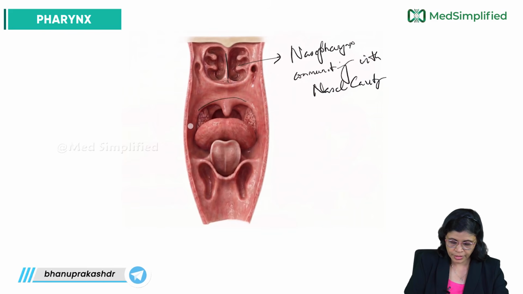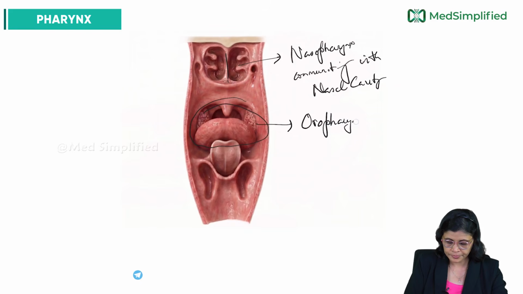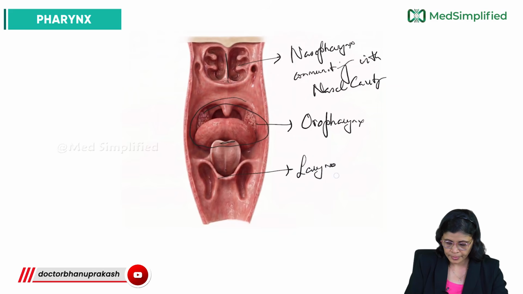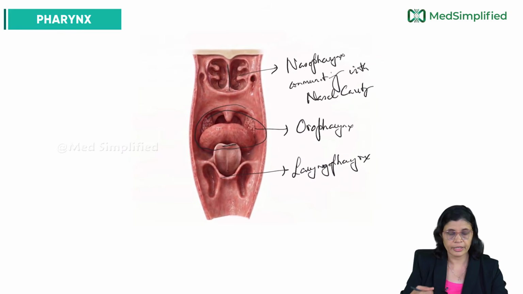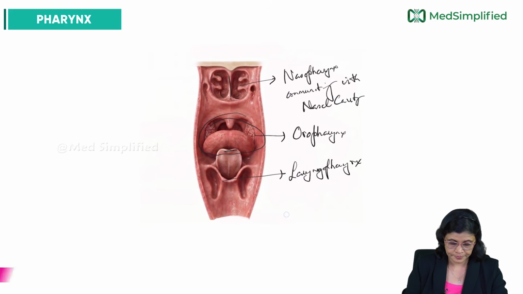This portion is the oropharyngeal isthmus, through which it communicates with the oral cavity. This is the oropharynx region, this is the epiglottis, and this is the laryngeal inlet. At this point we will have the laryngopharynx. This is how we see it in a coronal section of the pharynx.